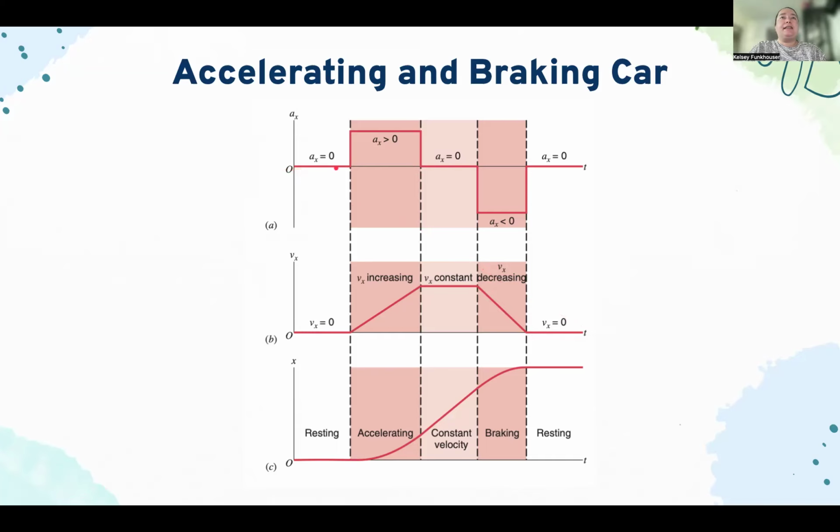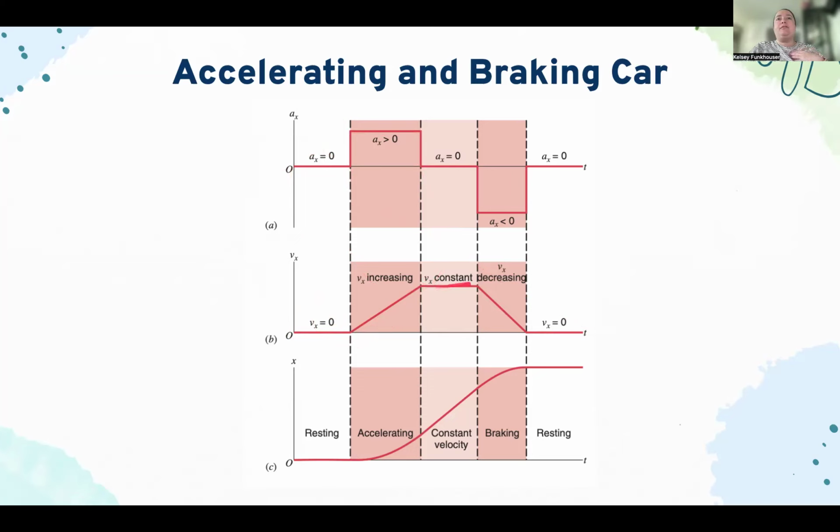And then the acceleration graph. Remember, acceleration is the time derivative of velocity. So velocity is zero, acceleration is zero in this first chunk. And then when the velocity is increasing, it's increasing with a constant slope, which means acceleration is a constant value.